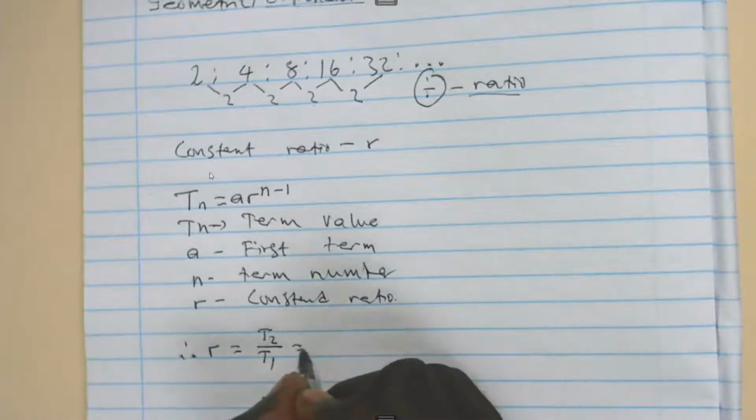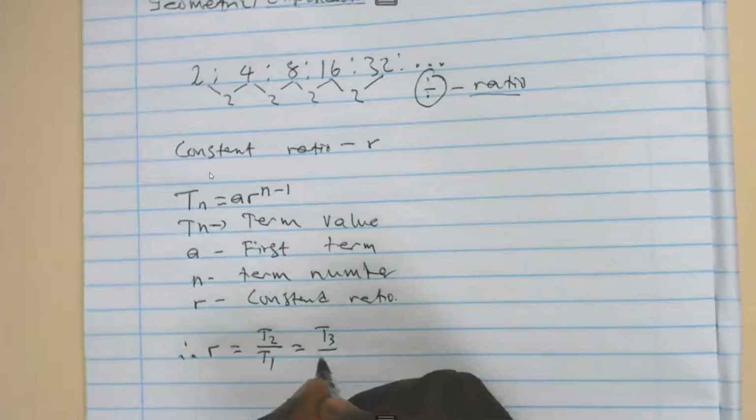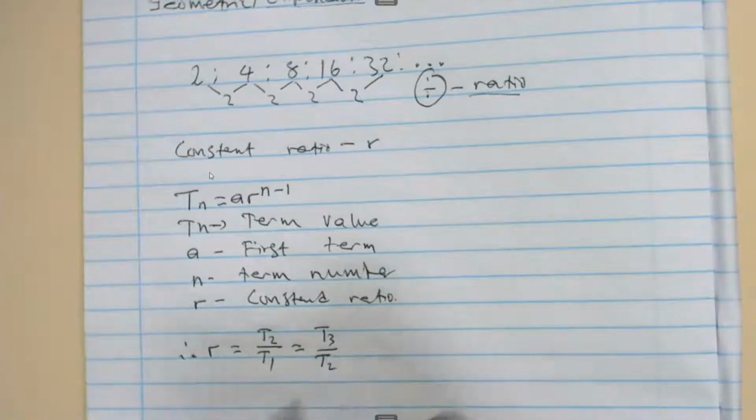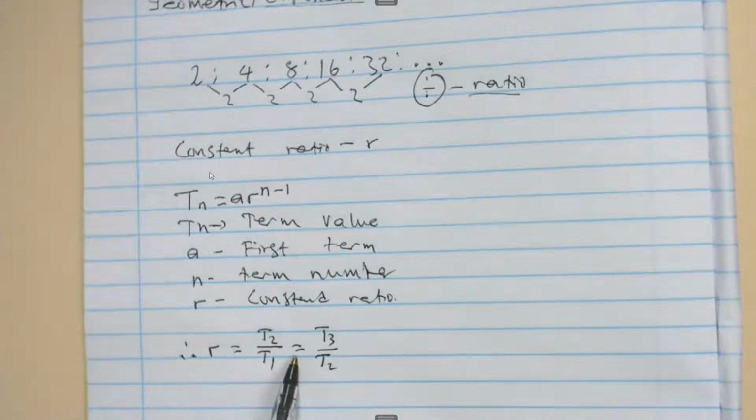That must be equal to term number 3 divided by term number 2. For it to be constant, or common, it has to be equal. That is how we find our constant ratio.